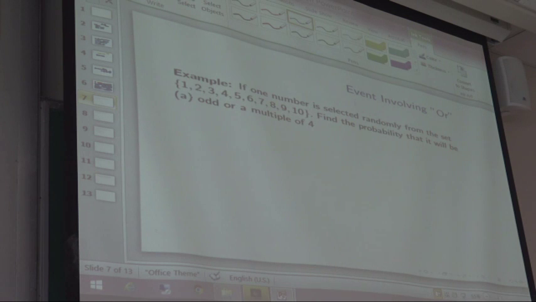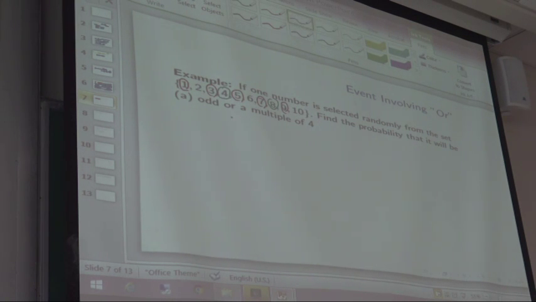That means from 1, 2, 3, 4, 5, 6 through 10, we're going to choose odd numbers. The odd numbers are 1, 3, 5, 7, 9. Then we're going to choose a multiple of 4. What are they? 4 and 8.